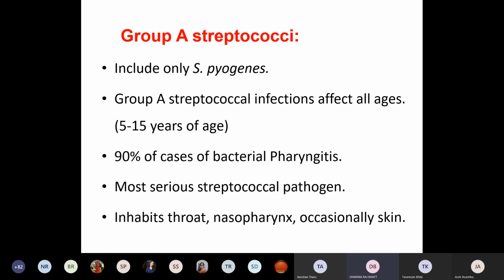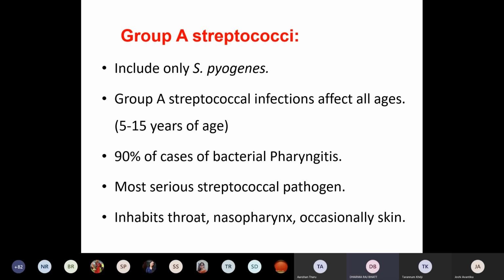As we said, Streptococcus pyogenes is one of the important respiratory pathogens, especially among children. About 90% of cases of bacterial pharyngitis are associated with Streptococcus pyogenes.